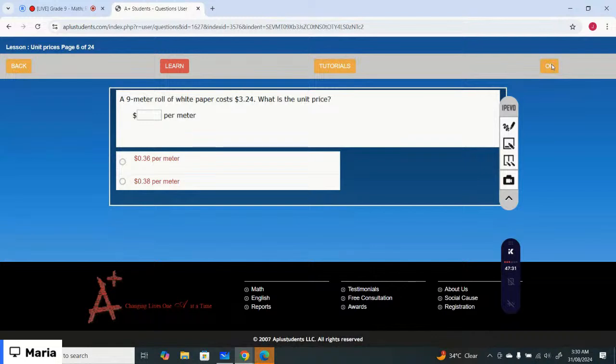Which is the correct option? A 9-meter roll of white paper costs $3.24. What is the unit price? That is 0.38 per meter.